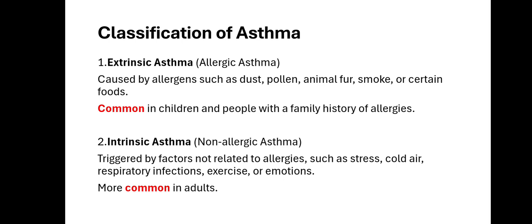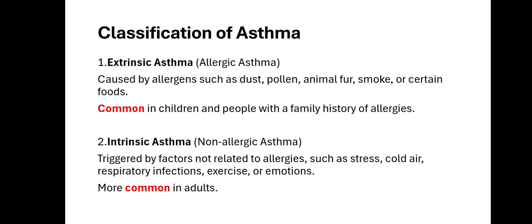So extrinsic asthma is most common in children and people with a family history of allergies. Mostly children, because they are mostly exposed in this environment. For example, they are playing around in the plants, everything, vegetation.